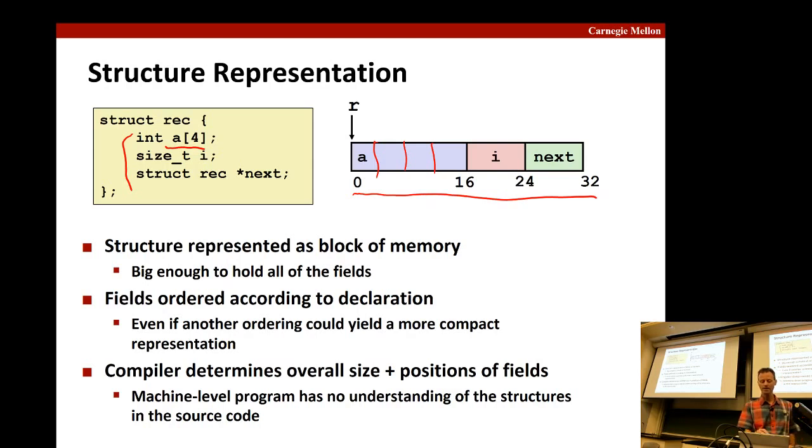I is laid out next, and then this pointer is laid out here, and we need 8 bytes for a pointer. Notice that they get laid out in memory according to the order in which you set them up here.